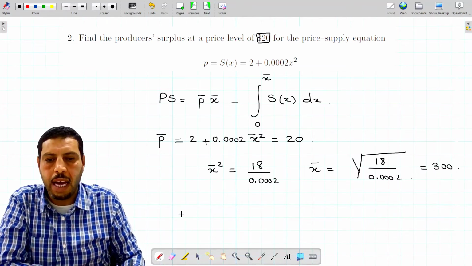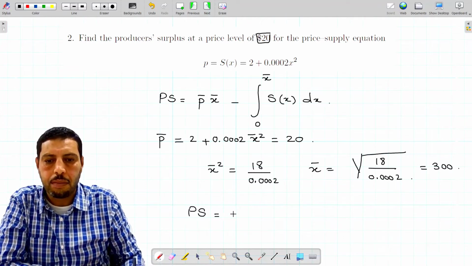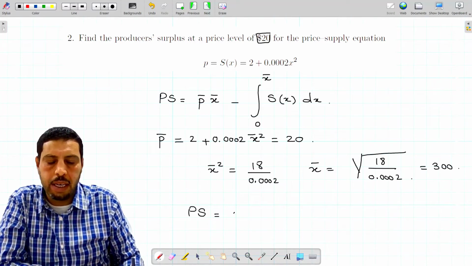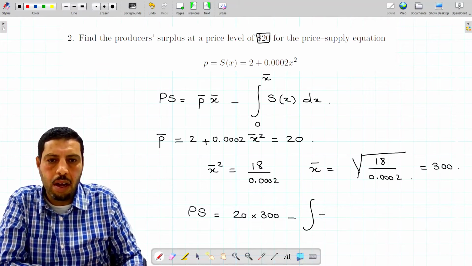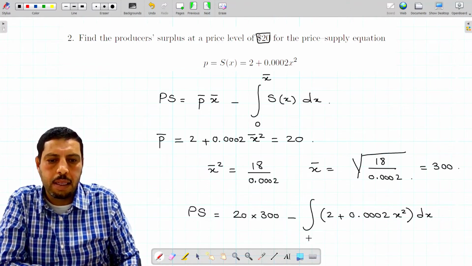Now, the producer surplus will be equal to p bar times x bar. It means 20 times 300 minus the integral of s of x, which is 2 plus 0.0002 x squared, dx, taken between 0 and 300.